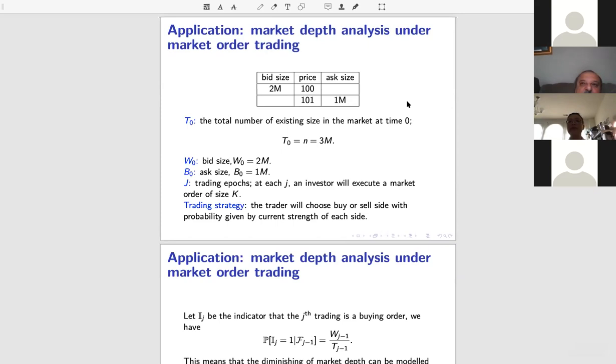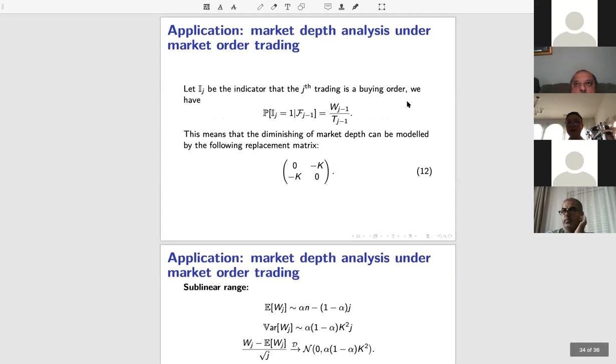And these buying orders will be paired with K selling orders, so that the number of blue balls in the urn will be reduced by amount K. So this is the first row of the replacement matrix. We reduce the number of blue balls by amount K.